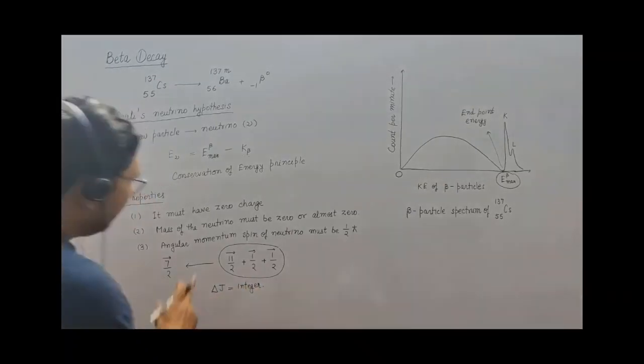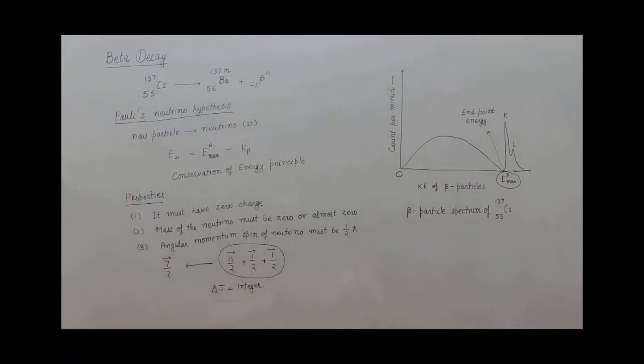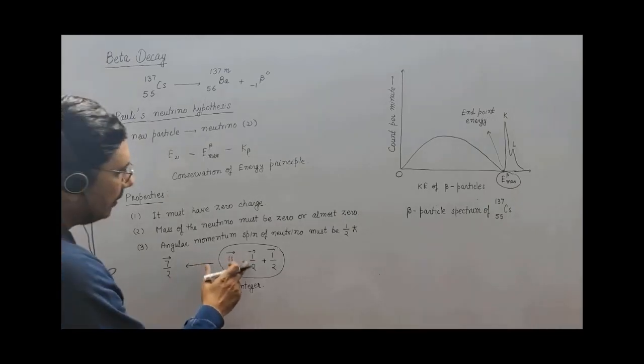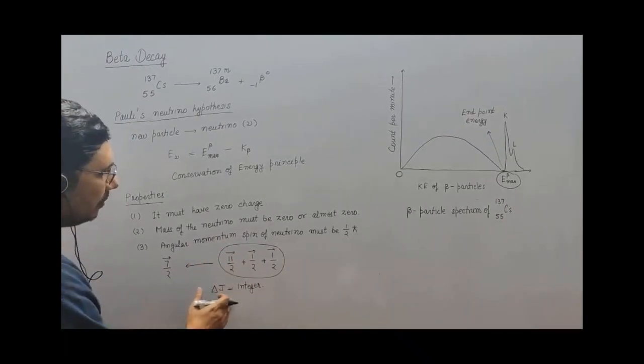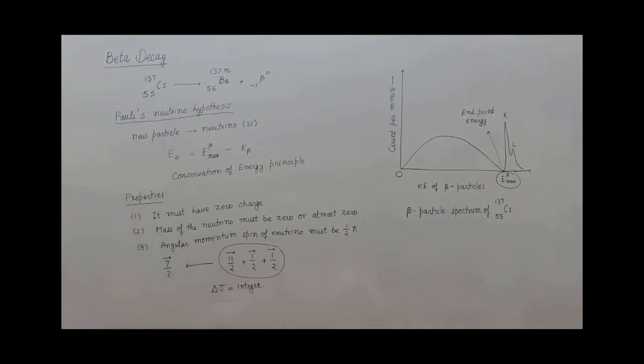So in this way, angular momentum will be conserved. For the conservation of angular momentum, the difference between the J values on both sides should be an integer. If you combine 11/2, this 1/2 and this 1/2, we get some half integer value, and the difference between the two will be an integer. So due to the half spin carried by this neutrino, angular momentum will also be conserved.